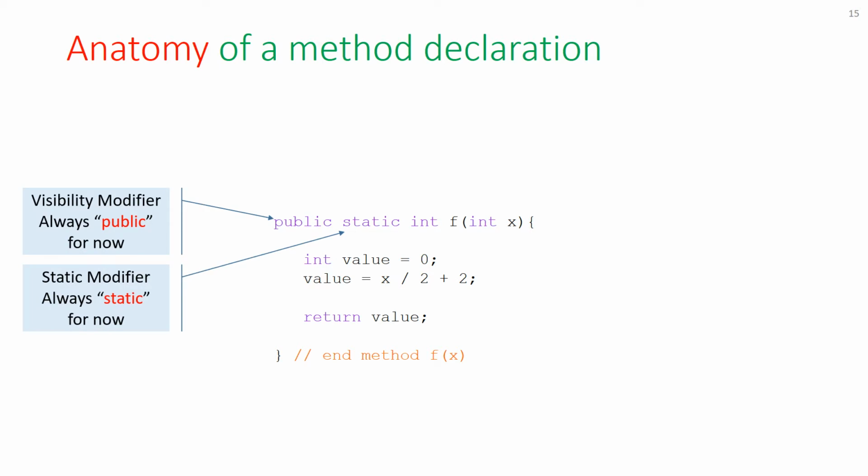So the keywords public and static. The first is called a visibility modifier. Visibility modifiers, we're going to explore them in 2513, are pretty much: can other programmers that are working on the same project as me actually use that method that I'm writing? Or am I somehow locking it down so that it can be used only in the context of my little class?